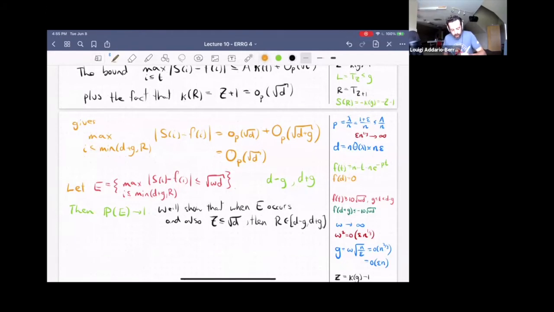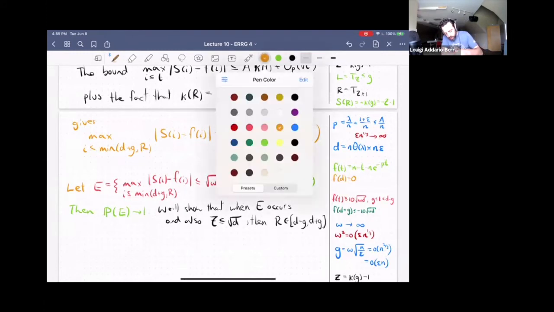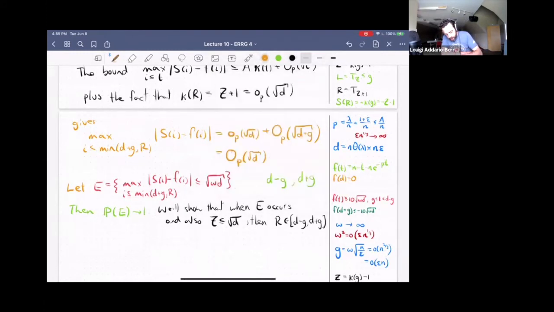So this whole interval here is d minus little o of d, d plus little o of d, and d is n theta lambda, right? So this really shows that R is 1 plus little o1 n theta lambda when these events occur.